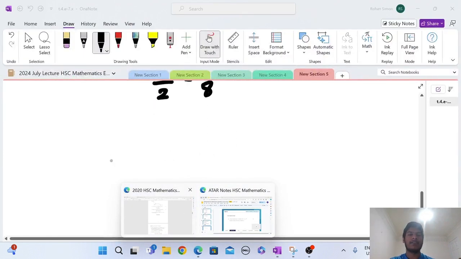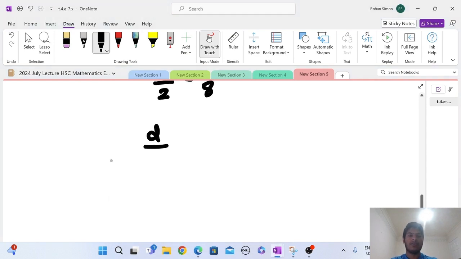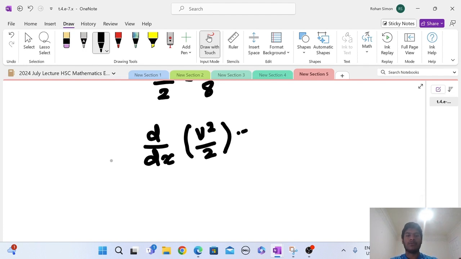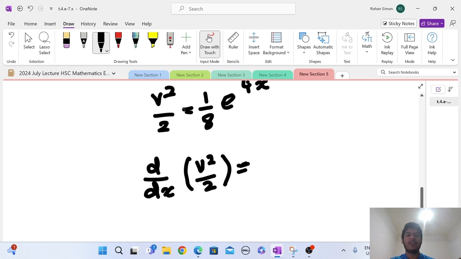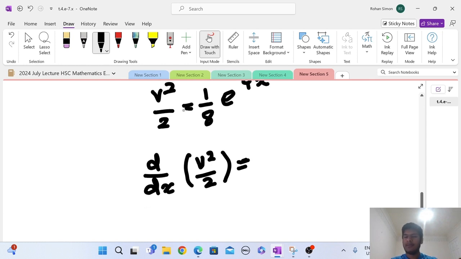So we get d dx of v squared on 2 equals, if we take the position derivative of that, the 4 comes down, so we get 1/2 e to the power of 4x.